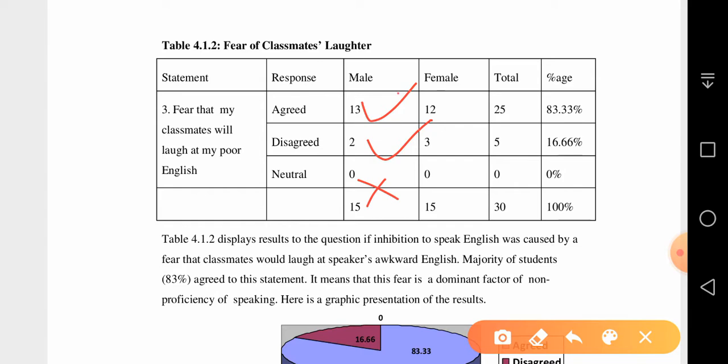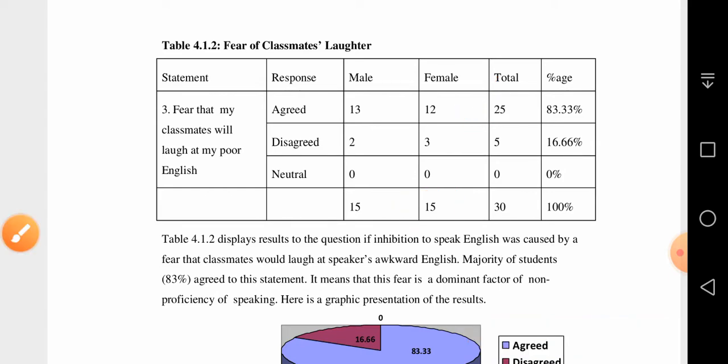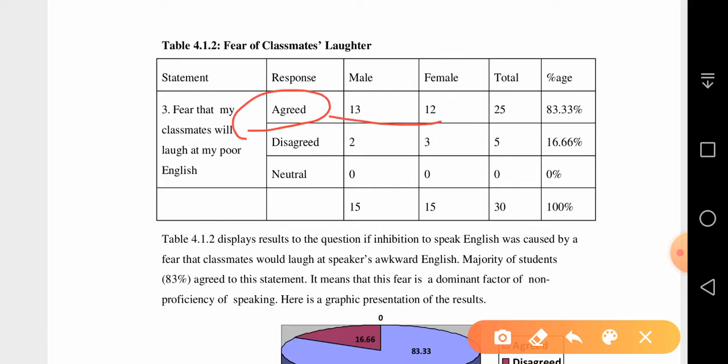All 30 students gave their opinion. Now coming to female, 12 female students agreed to this statement, 3 disagreed, and the total was 15. Students who agreed were 25, both male and female, and students who disagreed were 5.